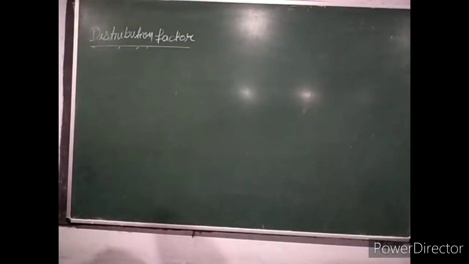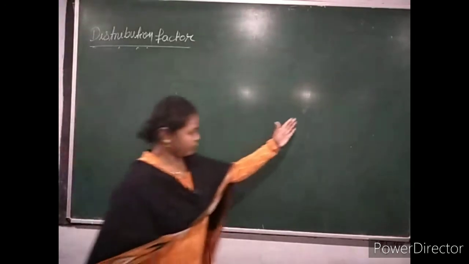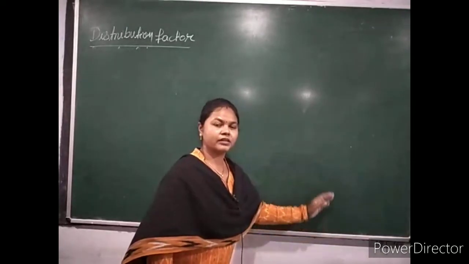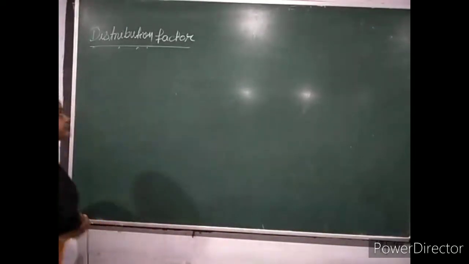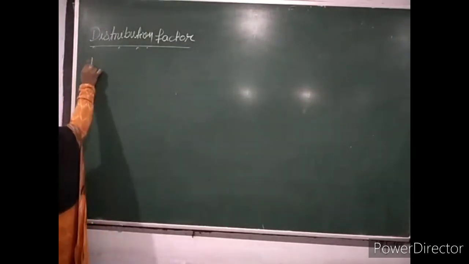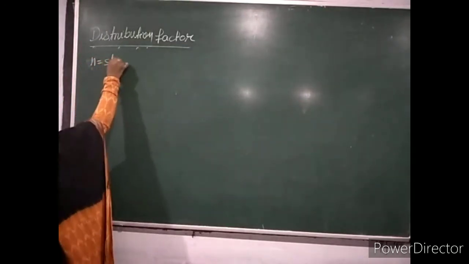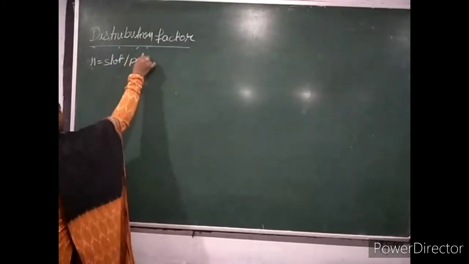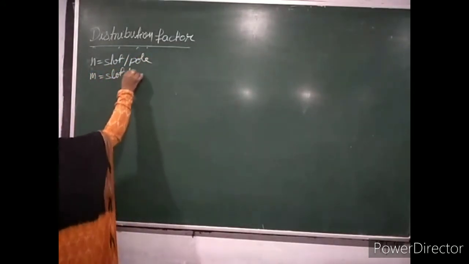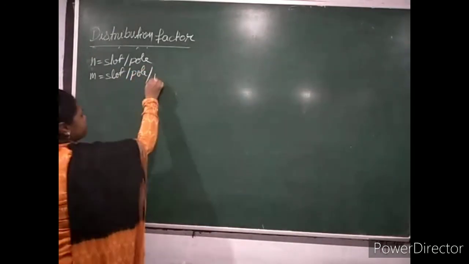Okay. Now let me take a machine having m slots, all the portion which I have derived here. You also note that. Here I derived that n is the slot per pole and m is the slot per pole per phase.